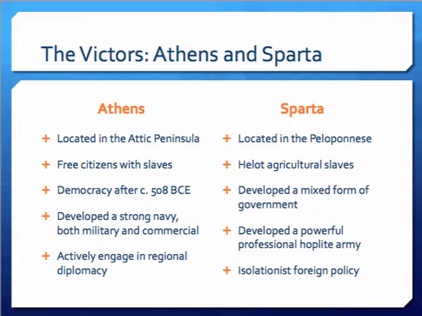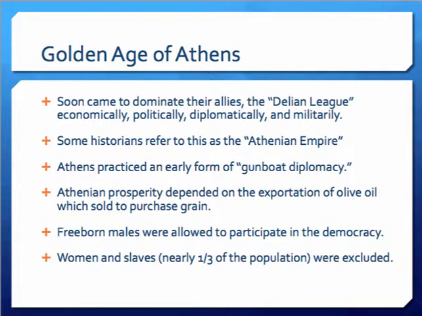And their foreign policy is largely isolationist, meaning that they choose not to participate unless they have to, unless there's a specific Spartan interest at stake, and then they will go out there and defend the homeland. And so Sparta is very, very reluctant to engage in an active all-around diplomacy.